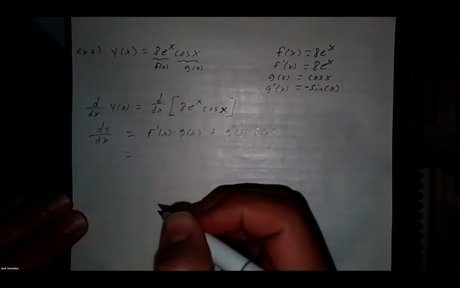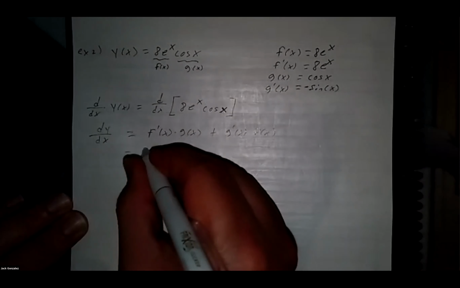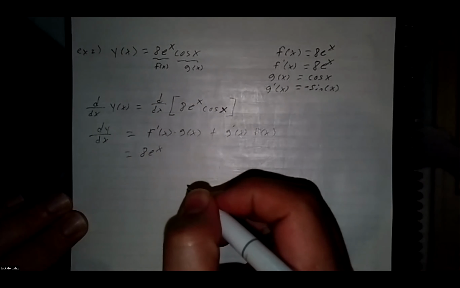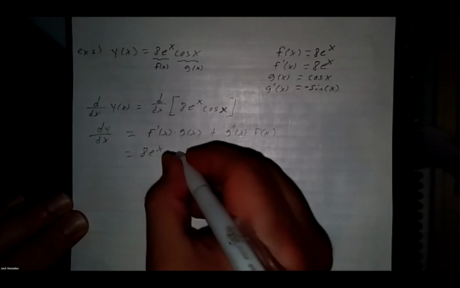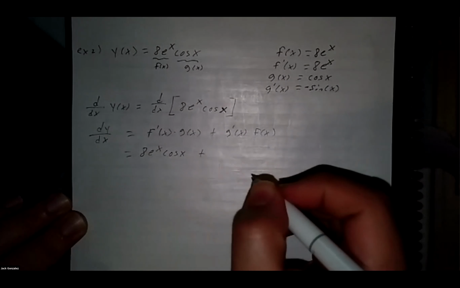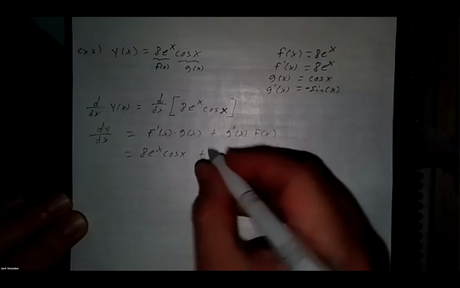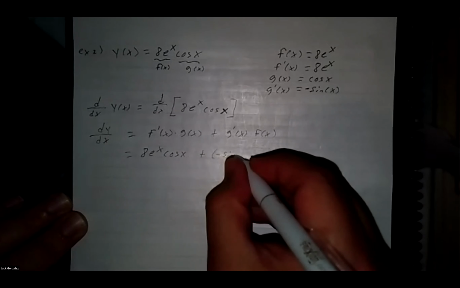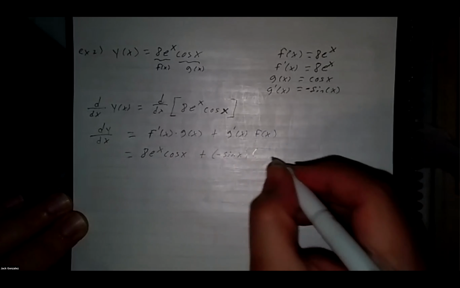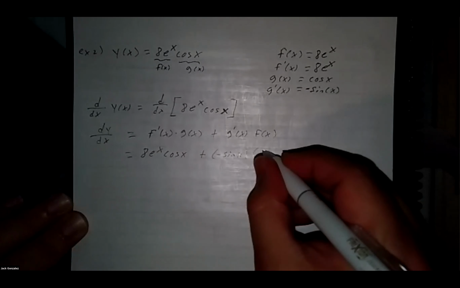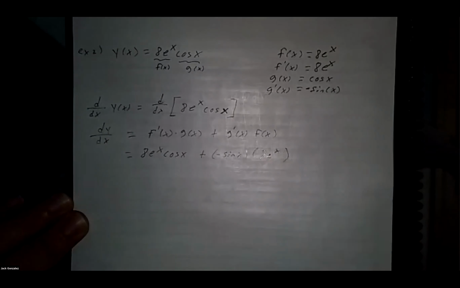So that will be 8e^x cosine plus g prime, which is negative sine, right? Times f, which is 8e^x.